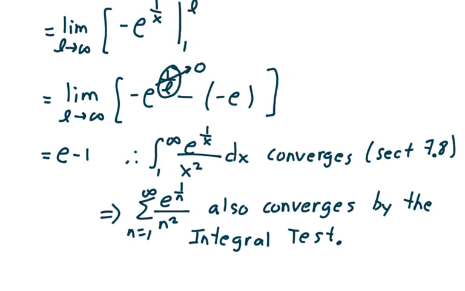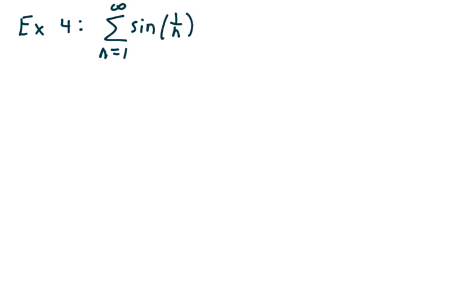I want to go ahead and take a look at example 4. So on example 4, we have the following. We have the summation from n equal 1 to infinity of sine of 1 over n, like this.